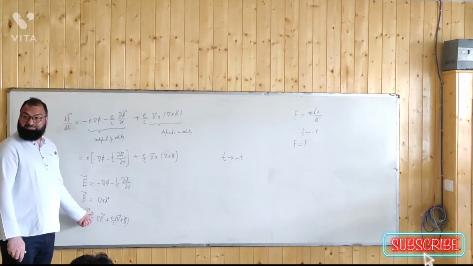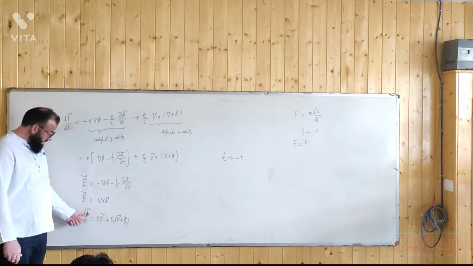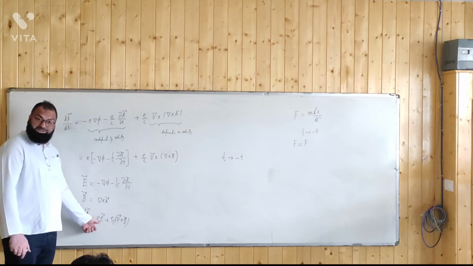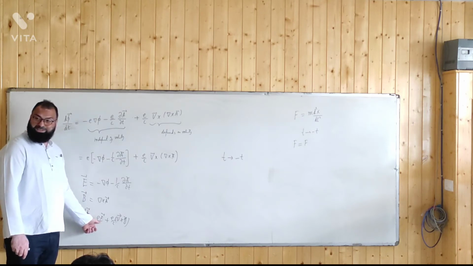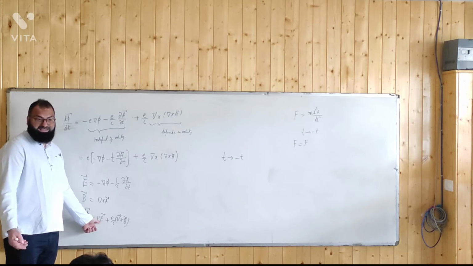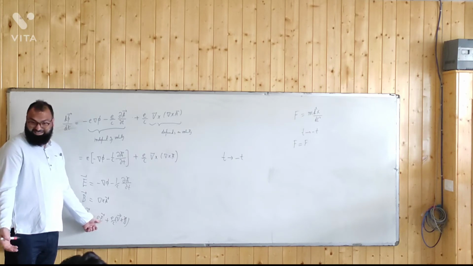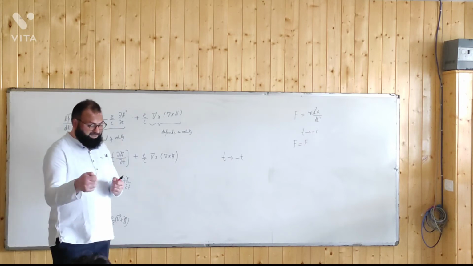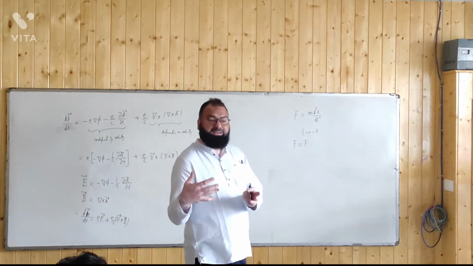P is the momentum. So what will happen if I change t to minus t to E? It will remain the same. Let's say you switch on the electric field, forget about the magnetic field for the time being.